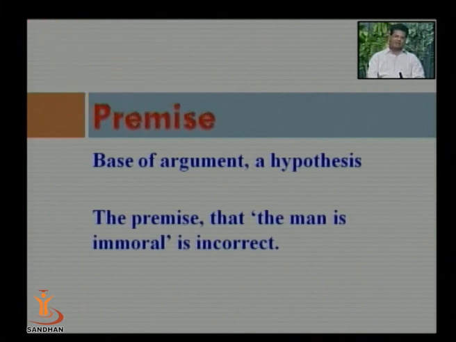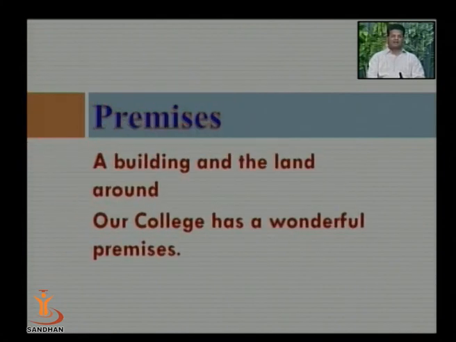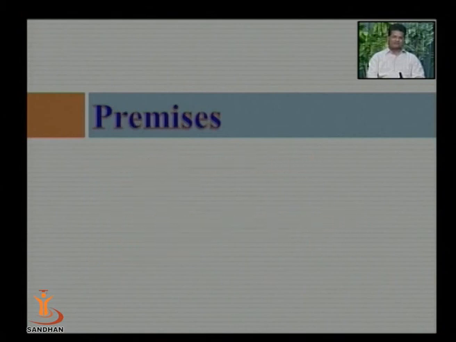Premise means the base of argument, hypothesis. The premise that the man is immoral is incorrect. This is the hypothesis, or the base of argument, that man is the immoral person. While premises is entirely different. Premises means a building and the land around. Our college has a wonderful premises.